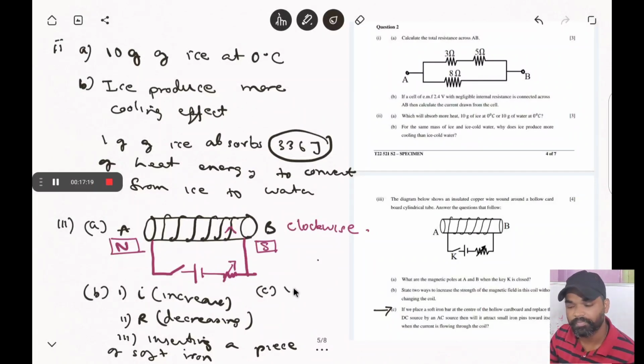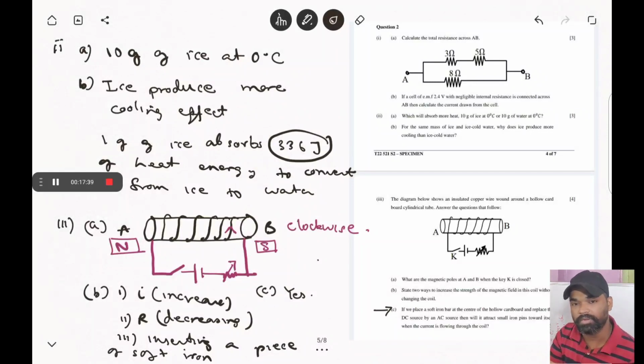See, yes, it will. Because the small iron pins will get attracted to the electromagnet when current is flowing through the coil. With the AC source, the polarity of the electromagnet changes, but still it will keep on attracting.